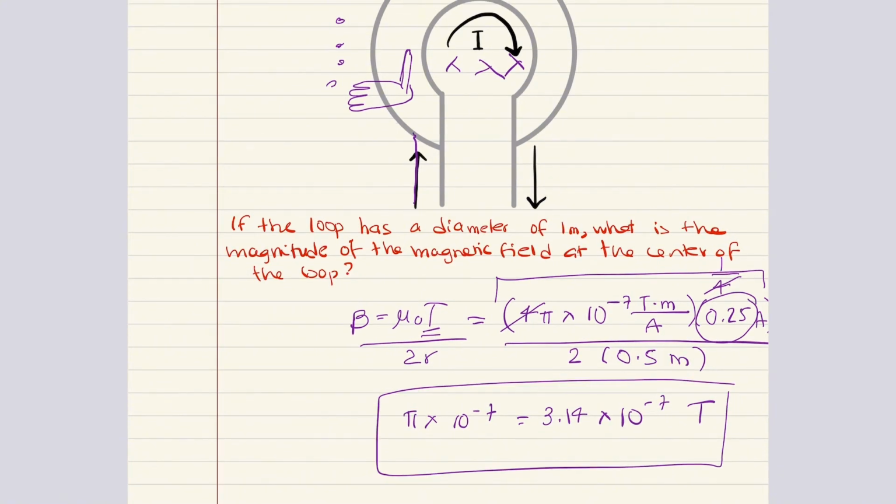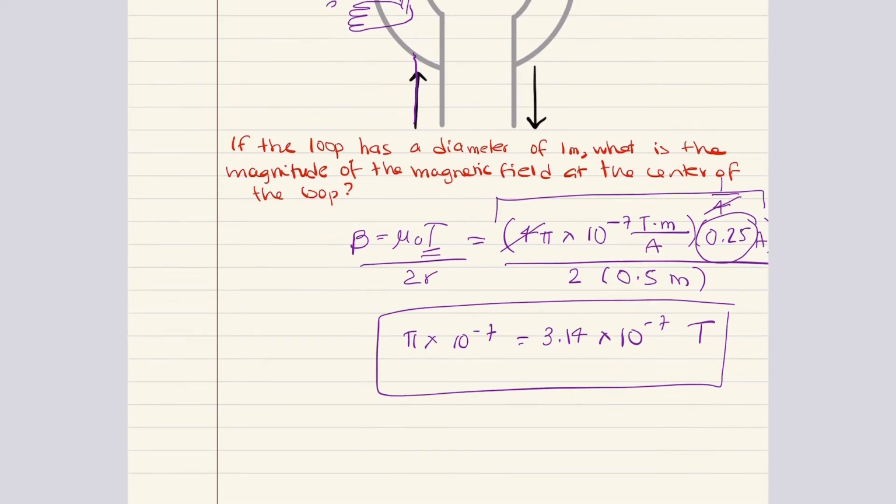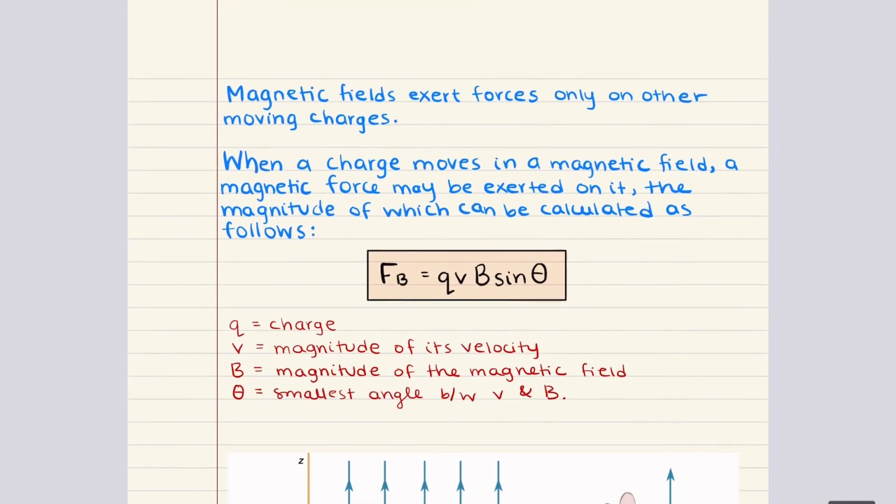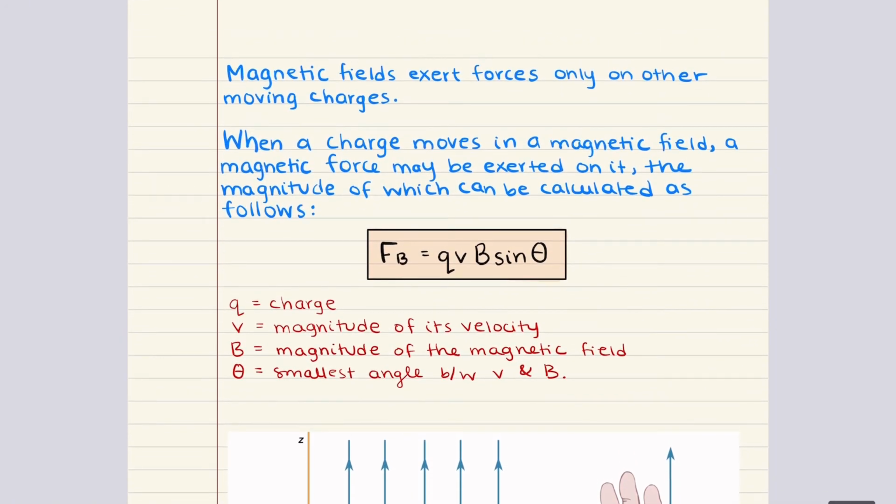Now that we've answered this question and we understand how magnetic fields are generated, let's explore how they exert forces on moving charges. One key point to remember is that magnetic fields only exert forces on moving charges, unlike electric fields, which can act on both stationary and moving charges.